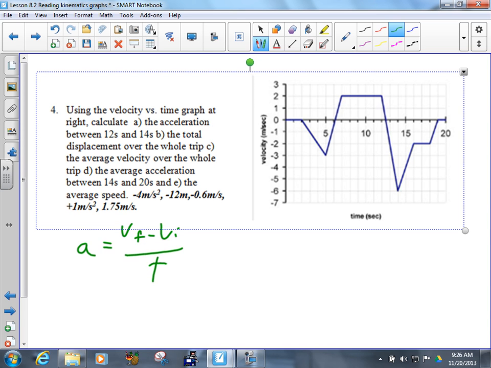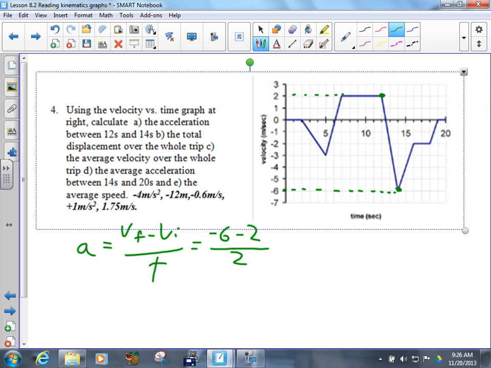Would you agree? So for example here, between 12 and 14 seconds, if I start at 12 seconds, that's right here. 14 seconds is right here. My final velocity at 14 seconds is -6, minus 2, over 2 seconds. Is that rise over run?